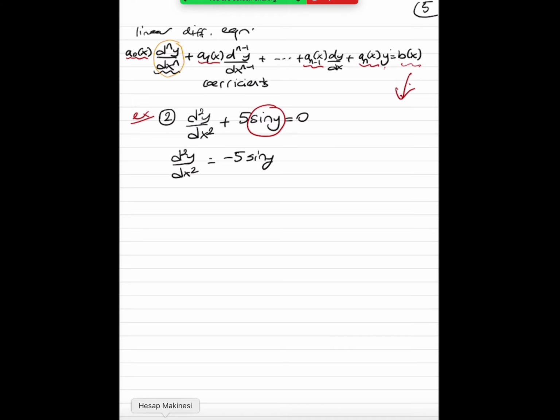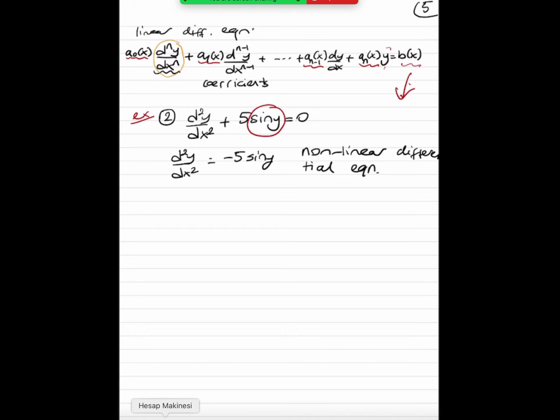Okay, let's continue. Sorry about that. This is sine y. What I mean is, this is a non-linear differential equation because of this sine y, so it doesn't fit anywhere. We cannot count it as b(x) because it doesn't depend only on x, it depends on y.